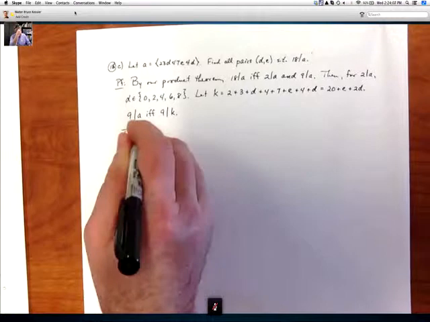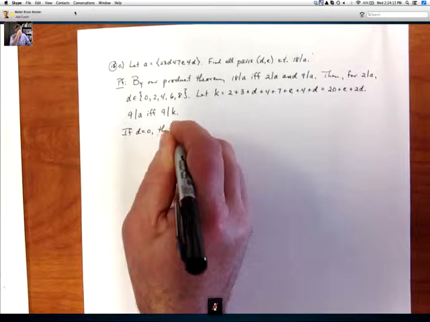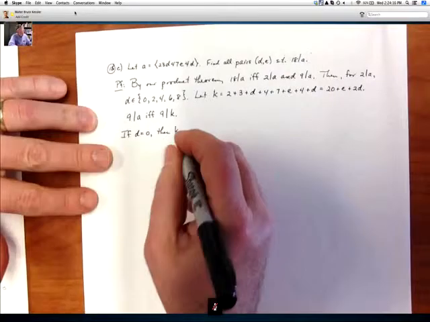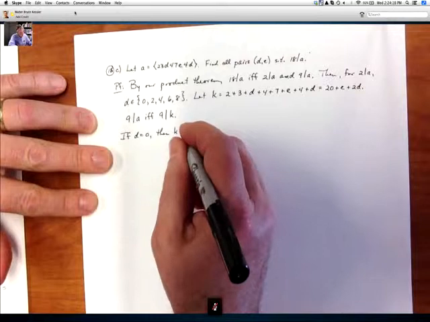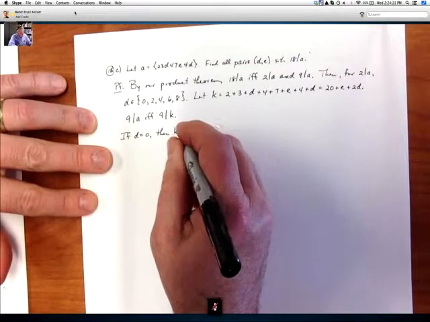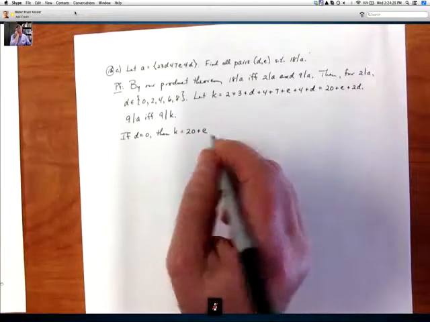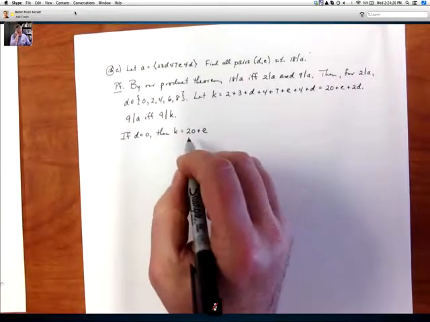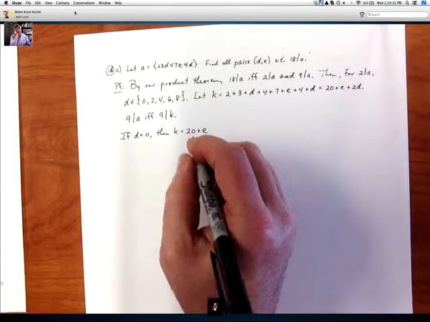So, if D equals 0, then what's K? K is 20 plus E, right? And I need something here that's divisible by 9. 27 would work.